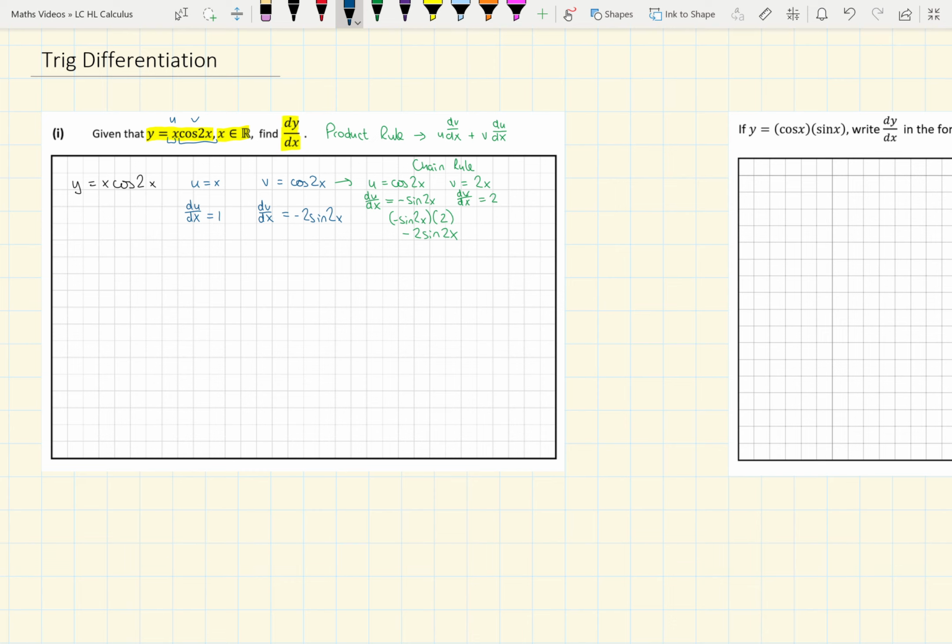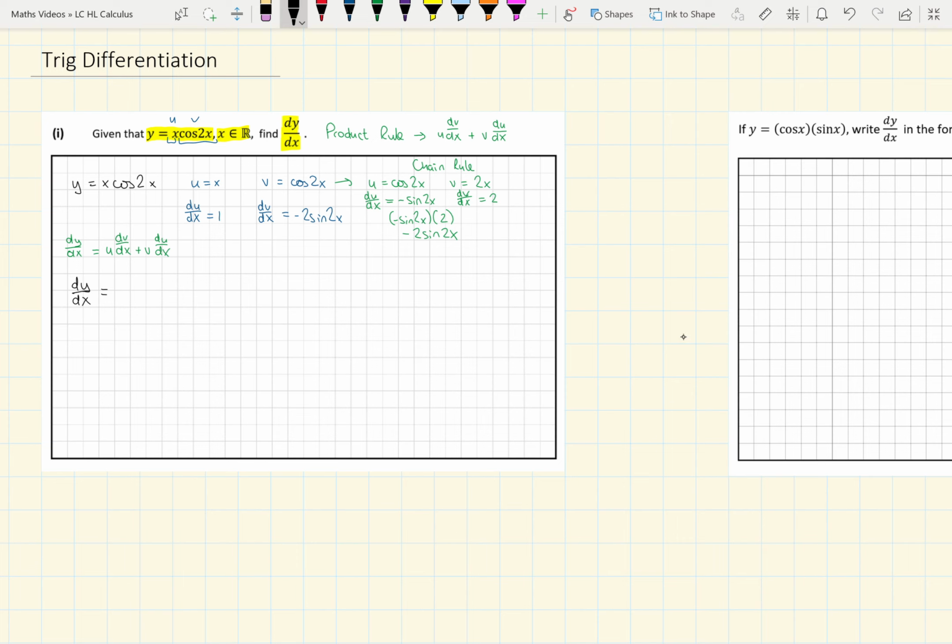Okay, so I found my second derivative there, our v part, and now we're just going to go and sub back into our formula. So it tells us dy dx is equal to u times dv dx plus v times du dx. And now off we go.